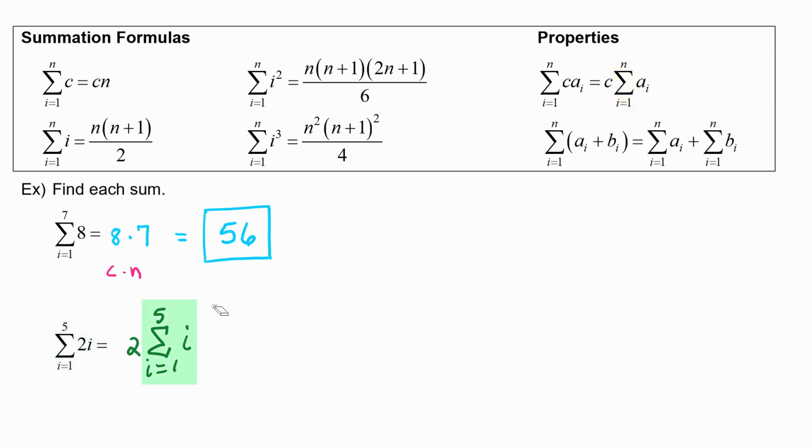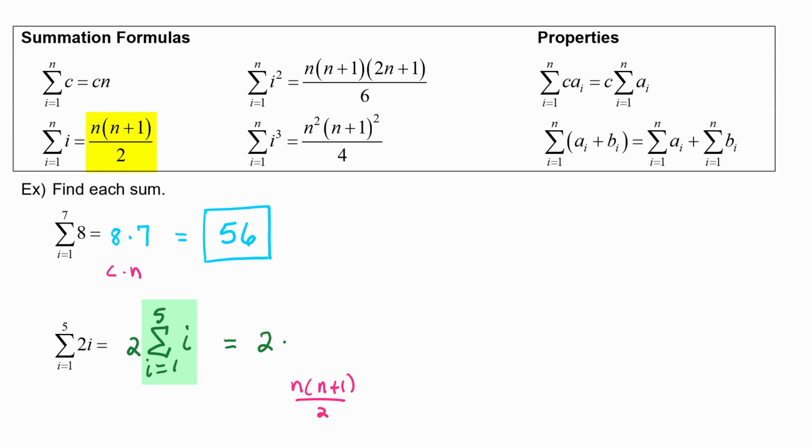Now this is something we have a rule for. It's right here. So this is going to be 2 times, and we apply this rule, which for summing over i is n times n plus 1 over 2.